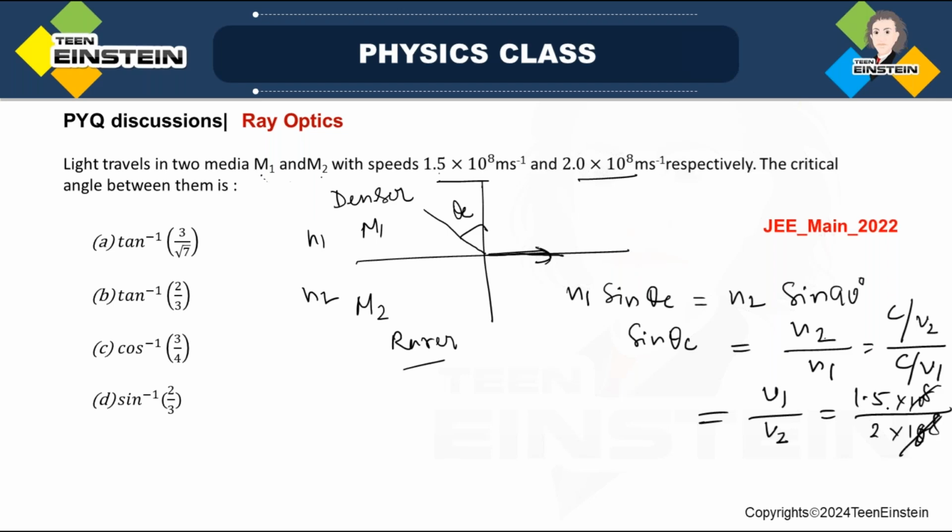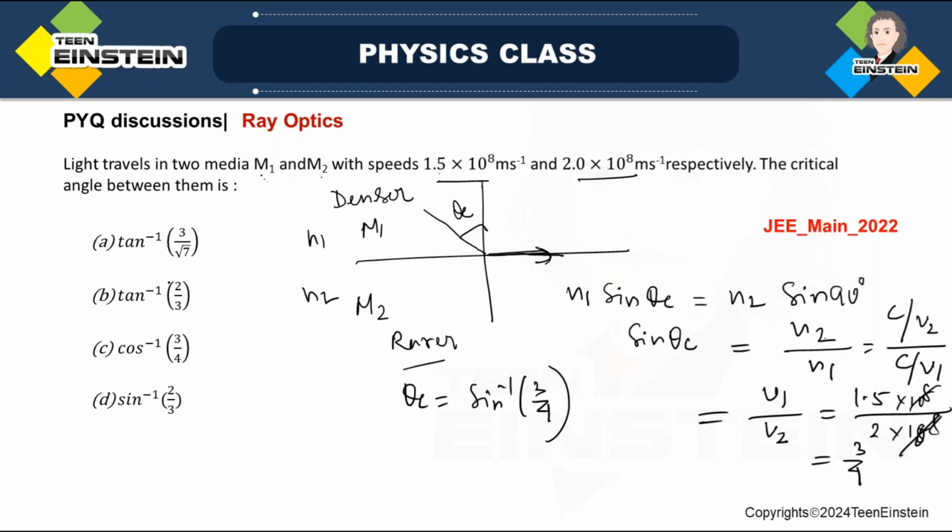So this 10 to the power 8 will cancel each other, so this will be 3 by 4. So sine theta c is equal to 3 by 4, and theta c is equal to sine inverse 3 by 4.